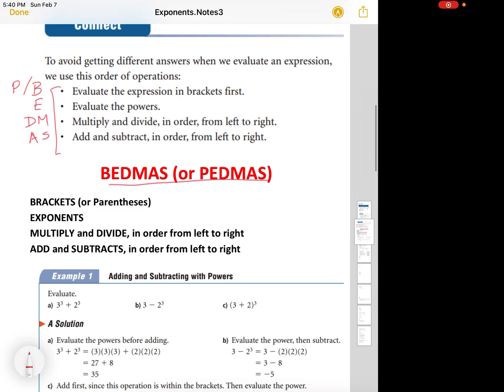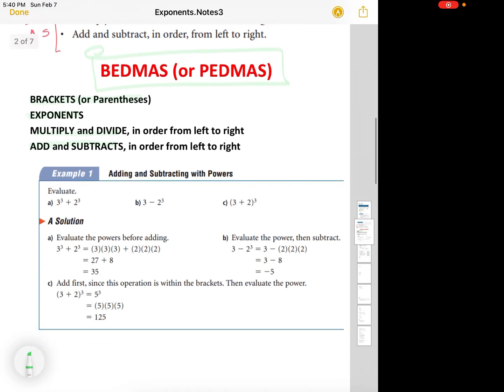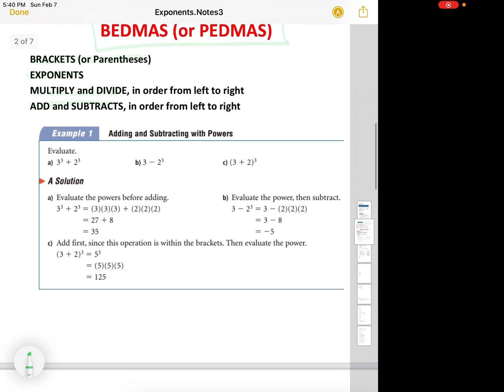So it's BEDMAS or PEDMAS, depending on, I think in Europe they use PEDMAS a lot, and maybe even in the States, but I've always heard BEDMAS, and I've always called it brackets. So brackets or parentheses, then exponents, multiply and divide in order from left to right, add and subtract in order from left to right.